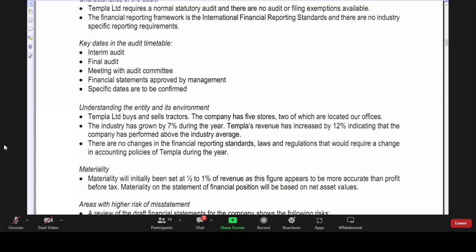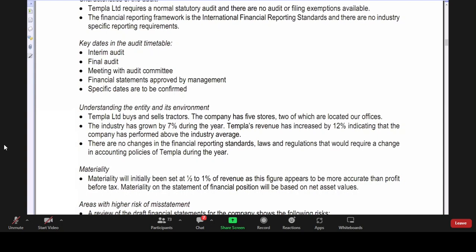Helen, interim audit, I think we covered interim audit on Friday. Interim audits are audits that are done to cover the initial part. They are done to reduce the workload of the final audit. For example, allow me to use a practical example.